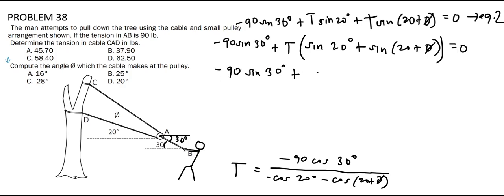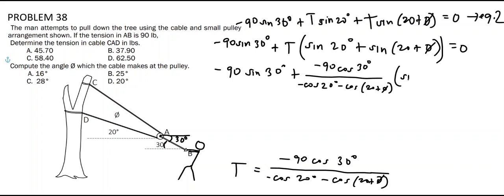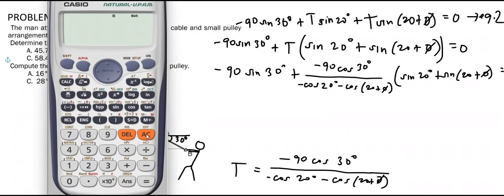In terms of phi, we have t equal to negative 90 times cosine of 30 degrees divided by negative cosine 20 degrees minus cosine of 20 plus phi degrees times sine of 20 degrees plus sine of 20 plus phi degrees equal to 0. And we can use our calculator to solve for the unknown value of phi.